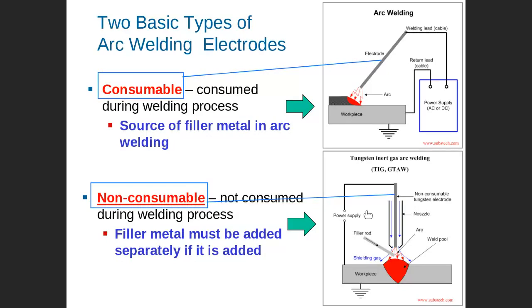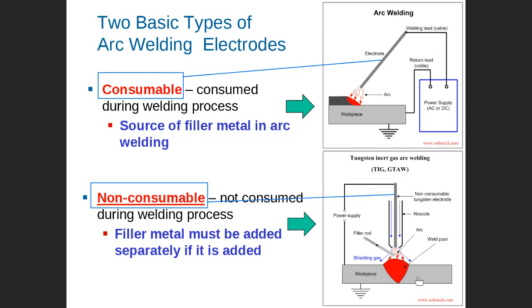So in the first case, the electrode worked as a filler itself. It melted and deposited as a filler. In the second case, the electrode is made of tungsten. Remember, only tungsten. In non-consumable electrodes, the electrode can be used for several welds. It doesn't matter what you're welding. If you're welding aluminum, use a tungsten electrode. If you're welding copper, use tungsten. If you're welding steel, use tungsten.